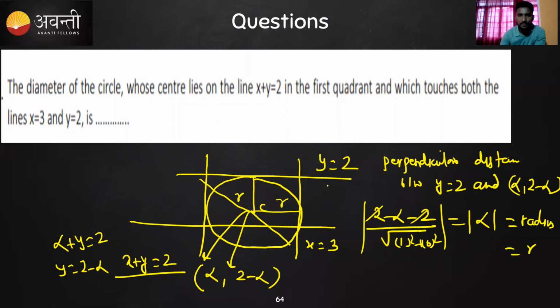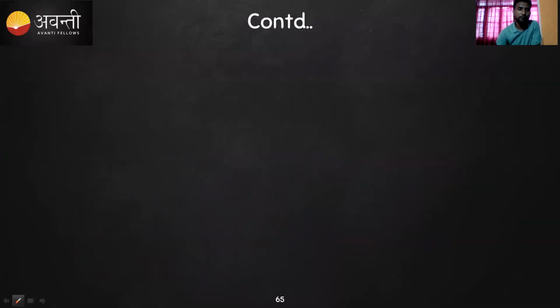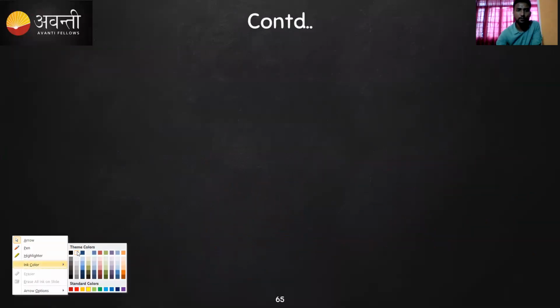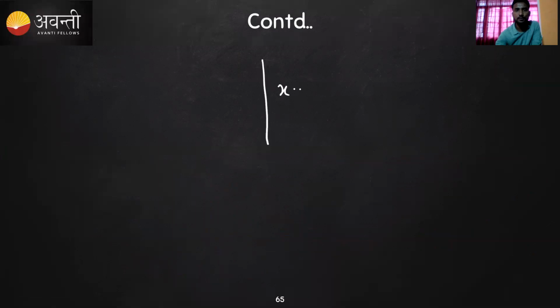Second, the same thing: the perpendicular distance between the x is equal to 3 line and this center will also be R. So from here what we can do? If this is the x is equal to 3 line and we have to find this from alpha, 2 minus alpha, what will be the distance? It is R, and basically R is x minus 3, right?